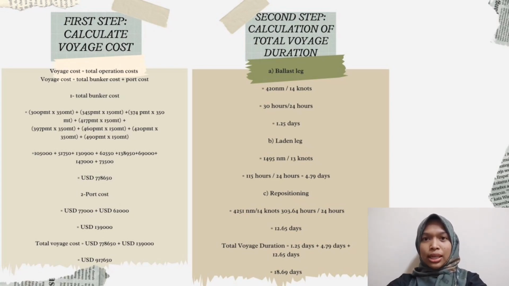C. Repositioning: 4,215 nautical miles divided by 14 knots equals 303.64 hours divided by 24 hours equals 12.65 days. Total voyage duration equals 1.25 days plus 4.79 days plus 12.65 days equals 18.69 days.